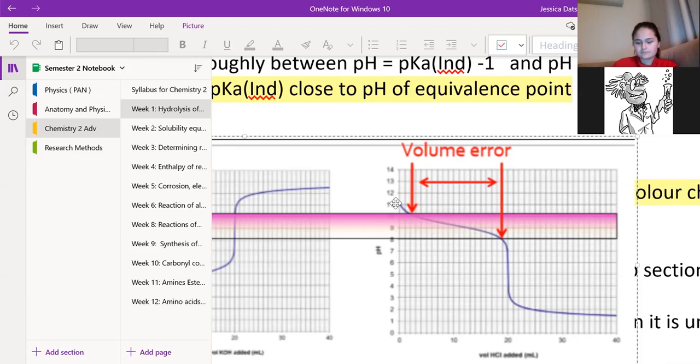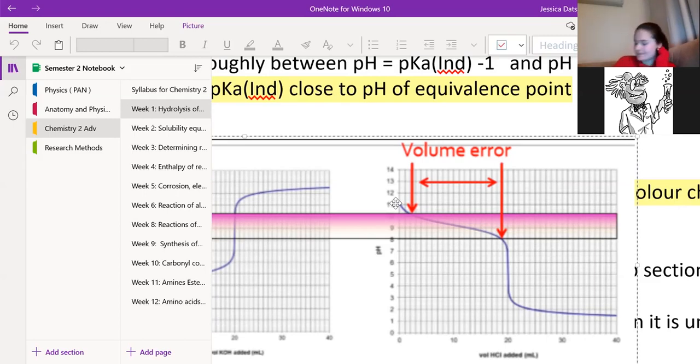Acid has a pH of, what did you say for the acid? So what is the pH of a strong acid usually? Around 1, sorry, not 13.